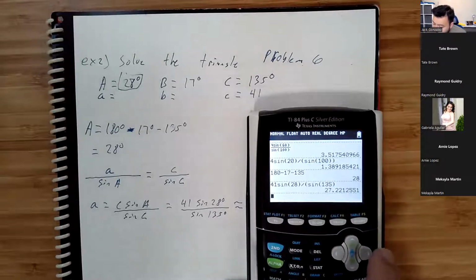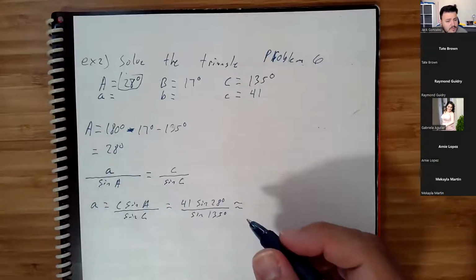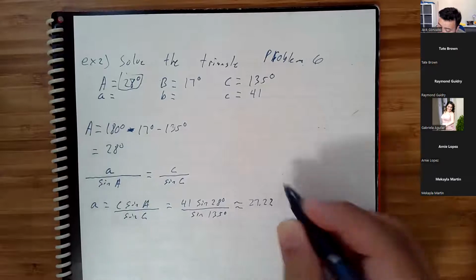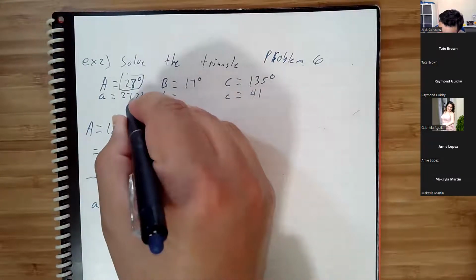So 27.2. I think they round to 2 decimal places, so 27.22. Little a is 27.22.